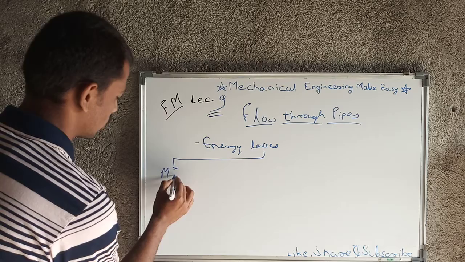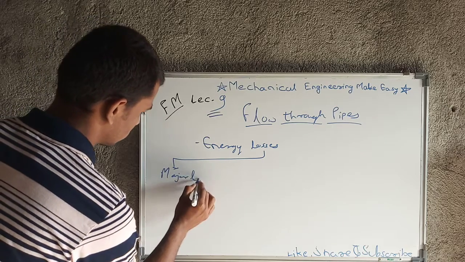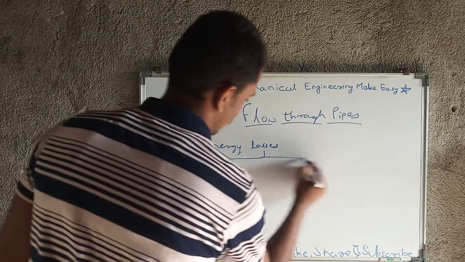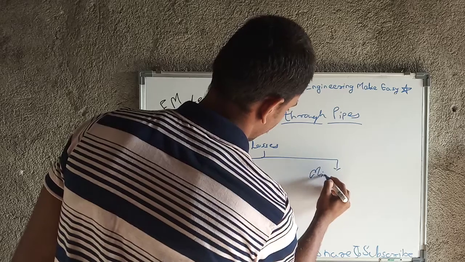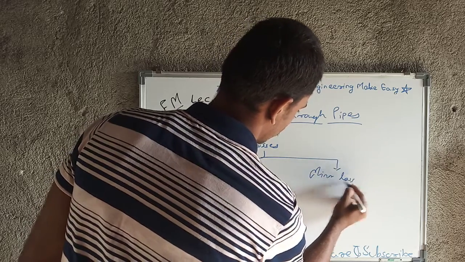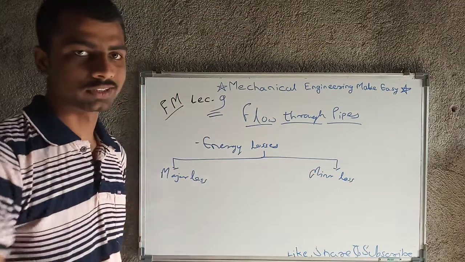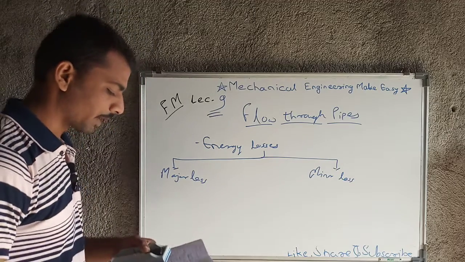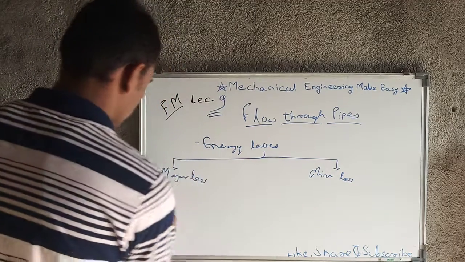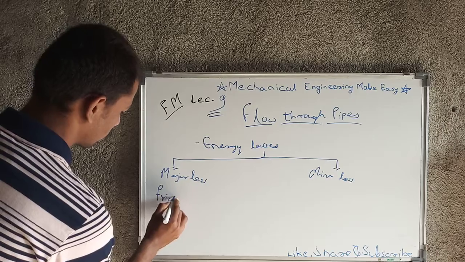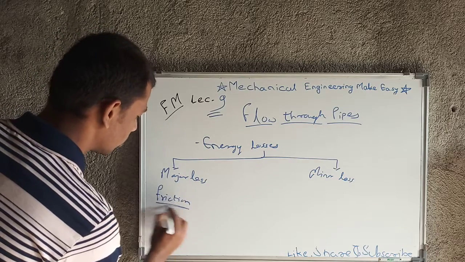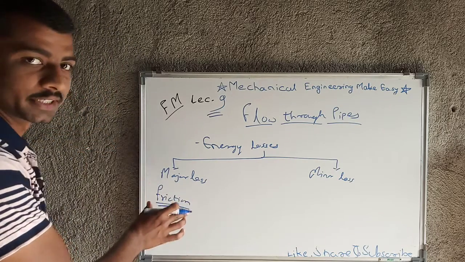First is major loss and second is minor loss. These two types of losses are there inside the pipe. Major loss is because of friction only.